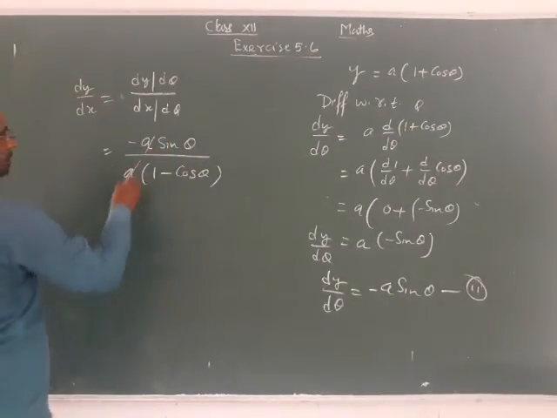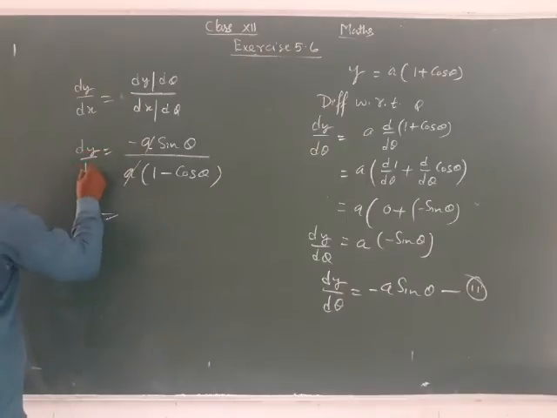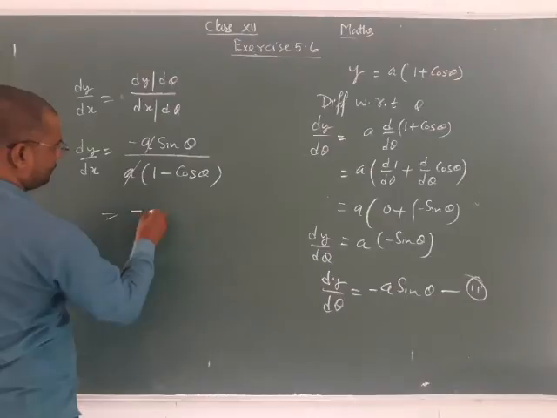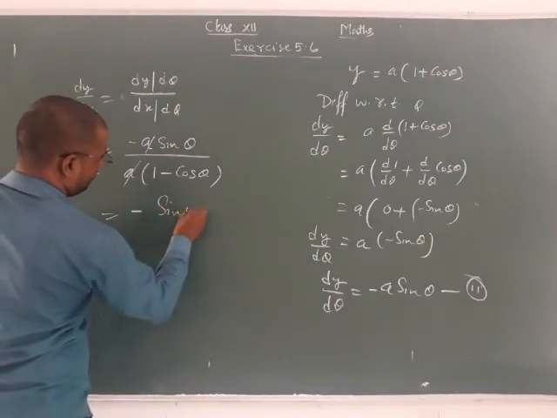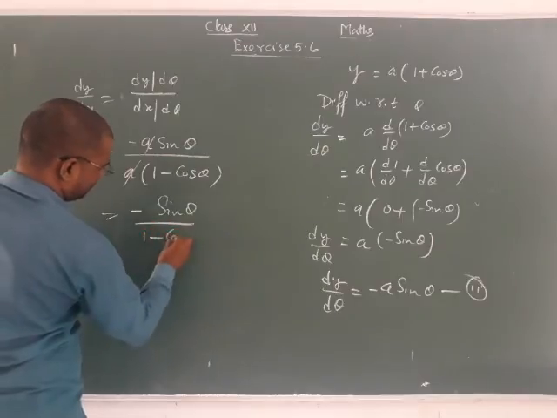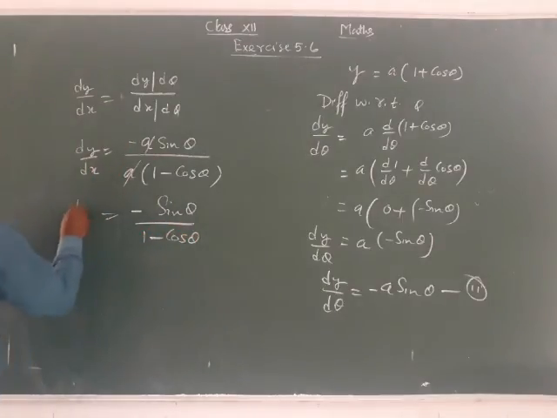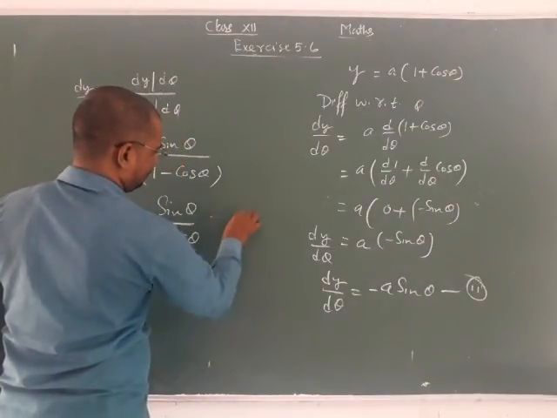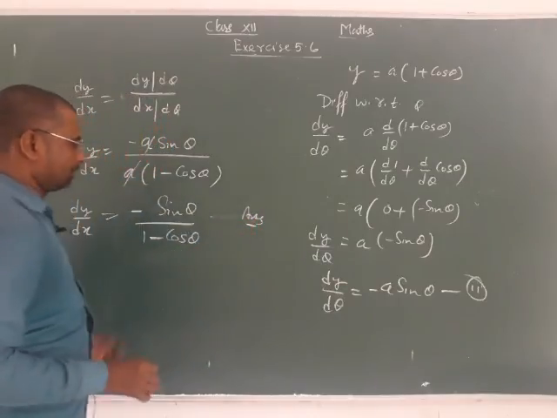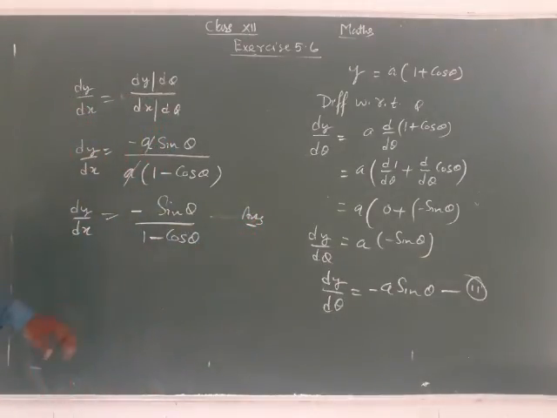So a cancels out. So minus a sin theta upon 1 minus cos theta. So dy upon dx. This is the answer, and also we can simplify it.